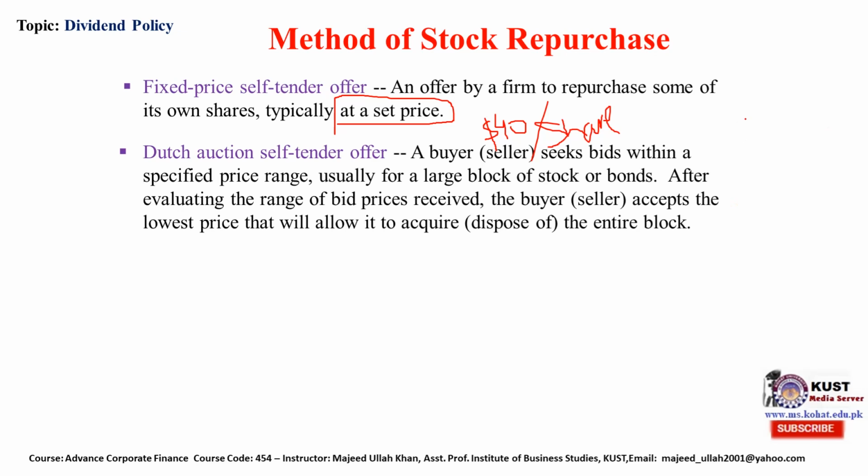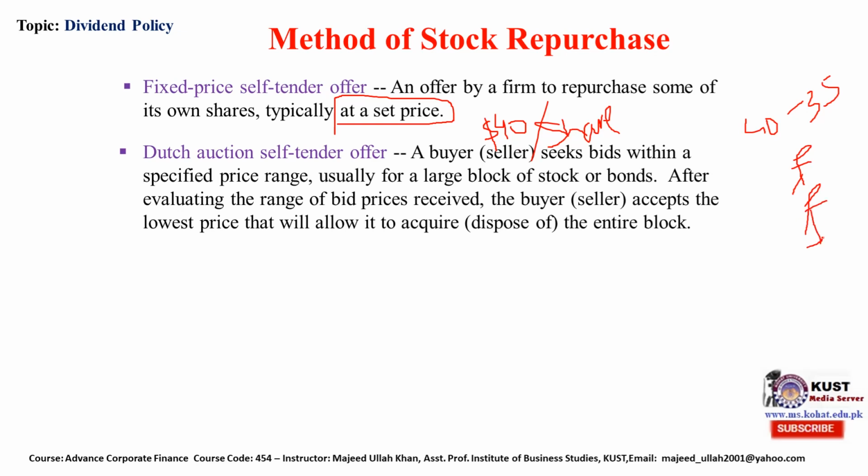For example, let's suppose the company is willing to buy back its shares from $35 to $45 per share, and a number of people bid in this range.